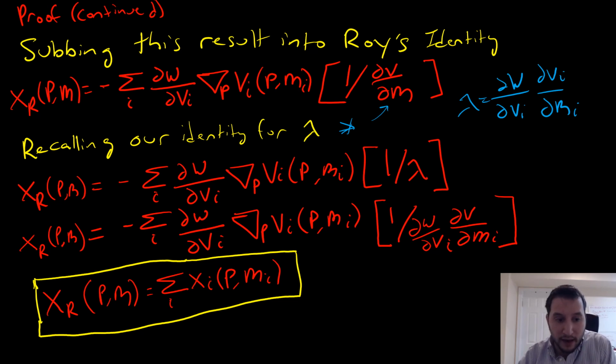Substituting that in, we get the following result. Cleaning this up, this is exactly Roy's identity with a summation symbol in front of it. So our demands, derived through our planner's problem or our representative consumer, are equal to the sum of all of our individuals' utility maximization problems, and in turn the sum of their demand equations as well.